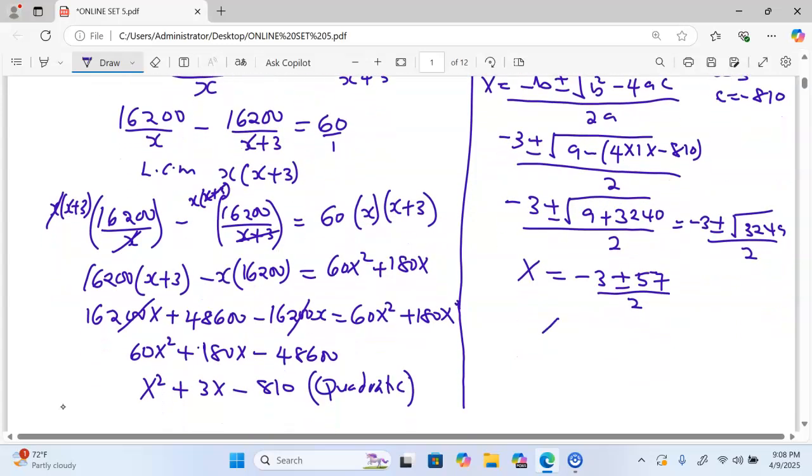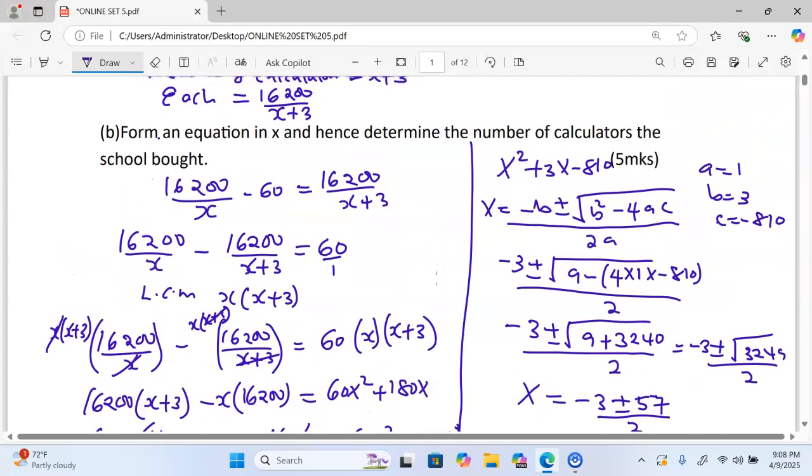In this case, the first value of x is going to be negative 3 plus 57, which is 54, divided by 2, you get 27. Another value of x will be negative 3 minus 57, which is negative 60, divided by 2, you get negative 30. But remember, the number of calculators cannot be negative, and therefore we ignore this value here. And then, of course, take our x to be 27 positive.